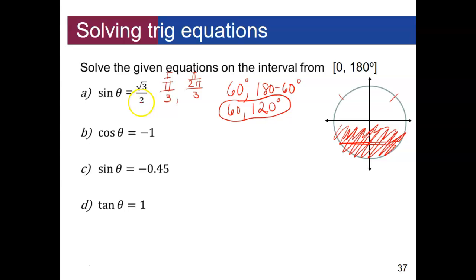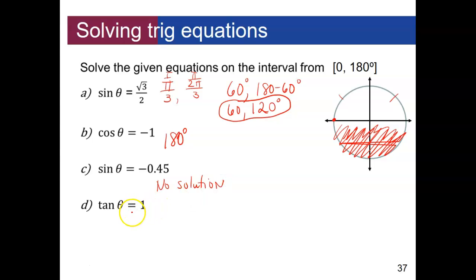Here for cosine, I'm looking for where cosine is -1 specifically in this interval. So cosine is -1 over here at 180 degrees. Sine, if I'm looking for where sine is negative, sine isn't negative anywhere in the specified interval. So this one would be no solution.